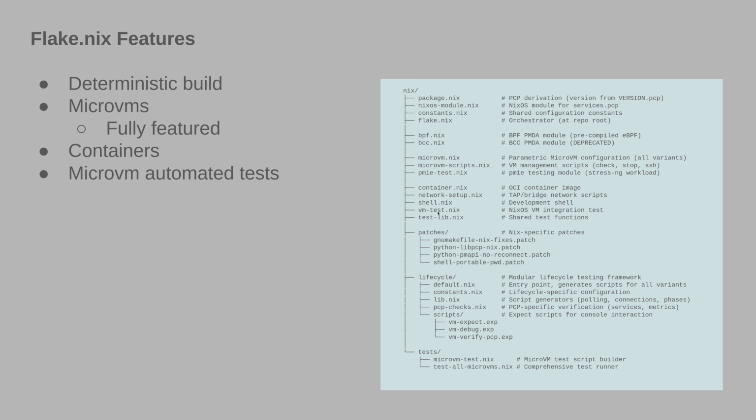There's a development shell. There's some testing scripts. There are the patches that get applied to some of the files in the PCP repo to get it to build correctly for Nix.